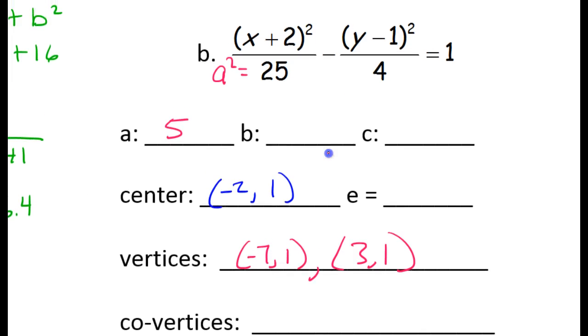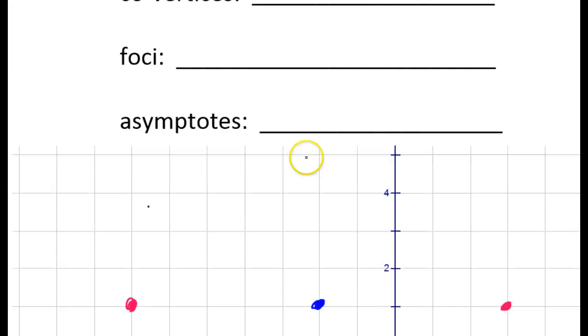Okay, now let's find the co-vertices by looking at b squared. The second denominator, the negative term denominator, is always b squared. So the b value is going to be 2. Notice that this 4 is the denominator of the y term, so I will do plus and minus 2 in the y direction.